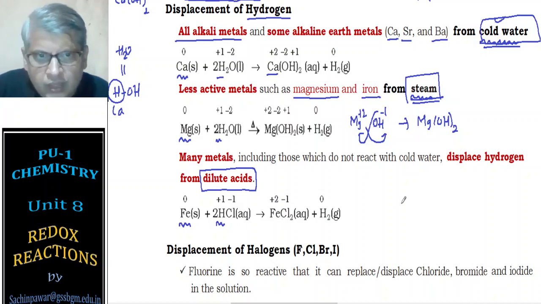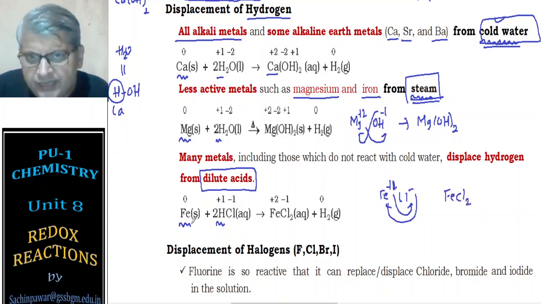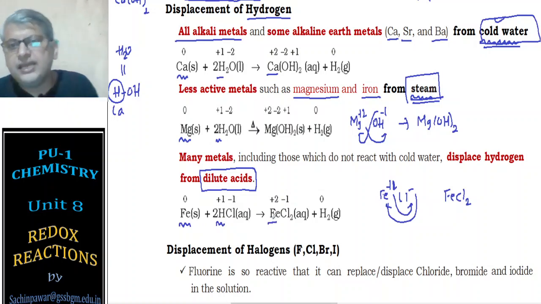Why FeCl2? Again chloride ion is Cl minus, here Fe is in the +2 state, so the formula would be the 2 goes to the bottom of Cl and 1 goes to the bottom of Fe, and the formula becomes FeCl2. So here Fe is displacing H from HCl, dilute acid.